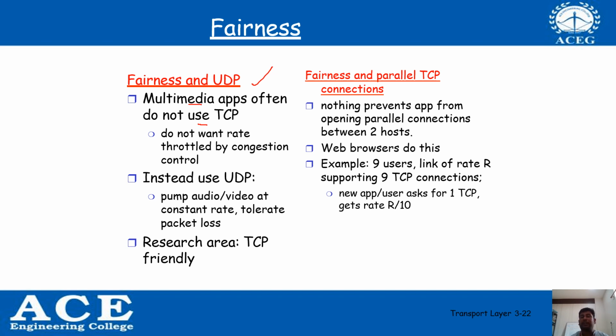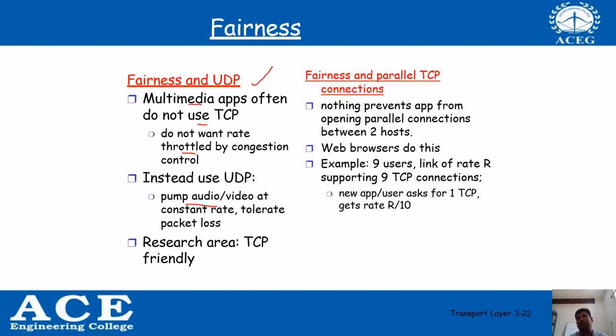So it does not want the rate to be affected by these congestion control mechanisms, so they opt for UDP. They feel that they can pump audio or video at a constant rate and they can tolerate certain packet loss.